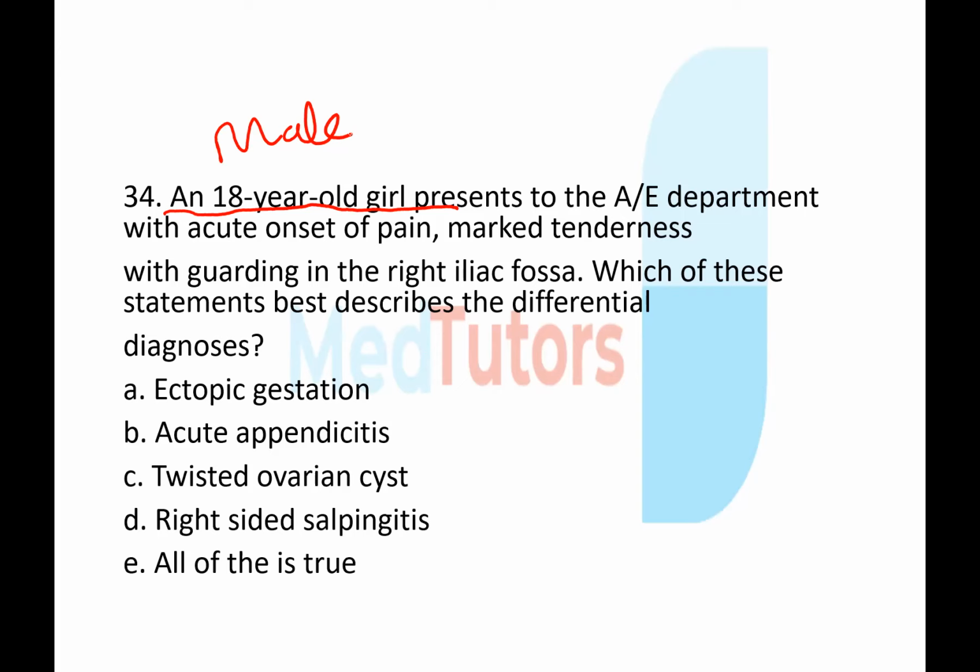So in females, you have more differentials as compared to males. A, ectopic gestation is correct. Acute appendicitis is correct. Twisted ovarian cyst is correct. Acute salpingitis, all are true. So the best answer here is E, being a female.